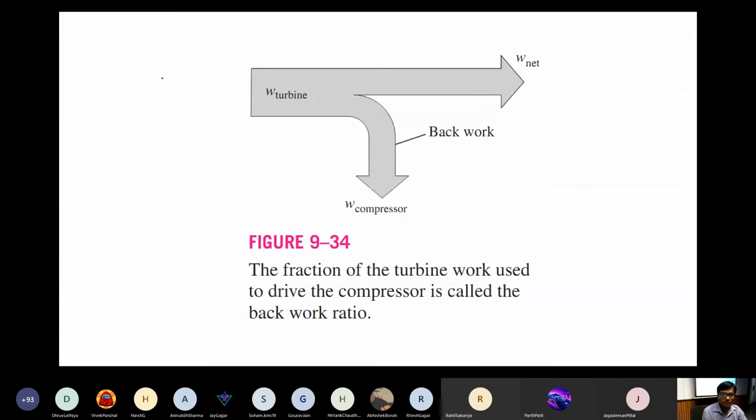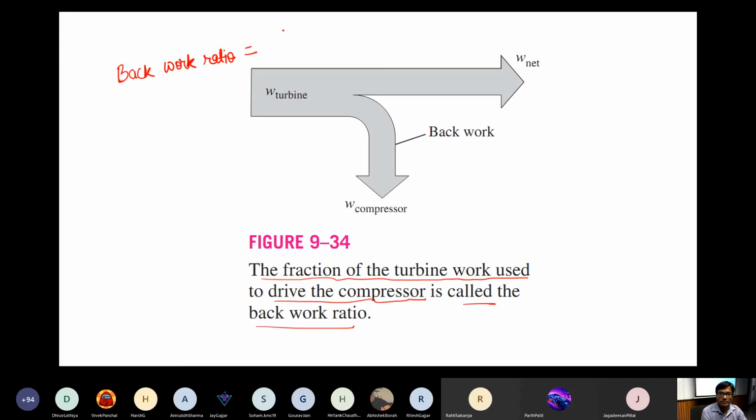So there is something called the back work ratio. This back work ratio is defined as the fraction of turbine work used to drive the compressor.